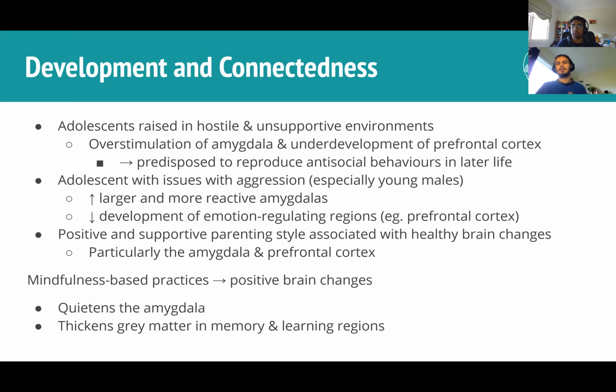And so this resulted in these people being predisposed to being more antisocial later in life. And this is similar to the correlation that teens with issues with aggression, particularly young men, have larger and more reactive amygdalas, and the development of the prefrontal cortex is reduced.